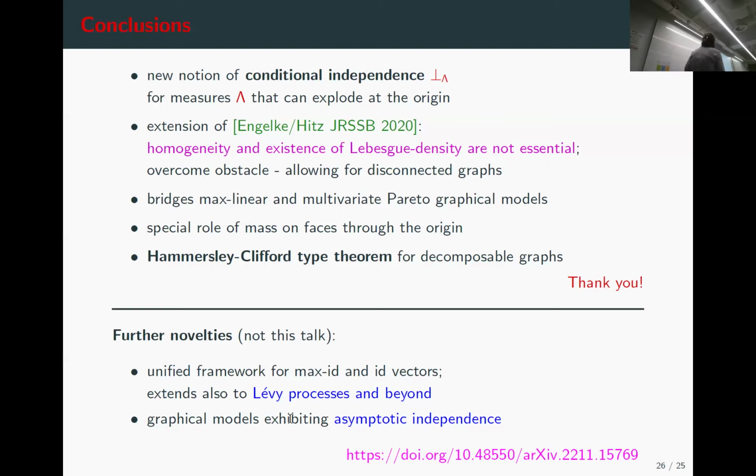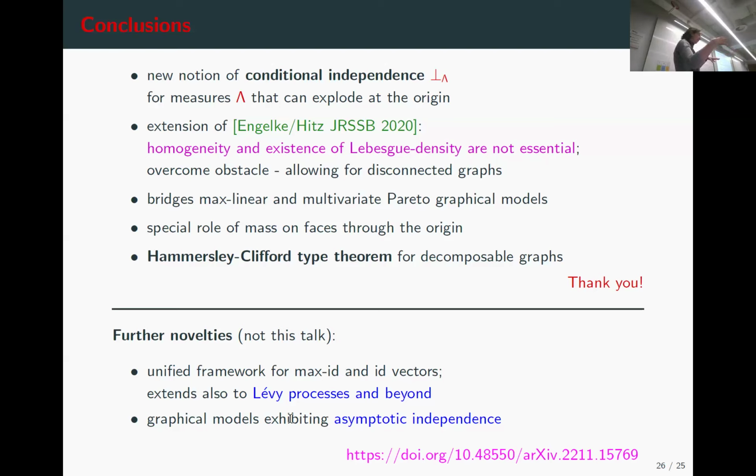And so if you decompose that into the jump and Gaussian part, for the Gaussian part, conditional independence is also quite well known. So it's encoded in the precision matrix. And for the jump part, conditional independence is encoded via this notion, basically.